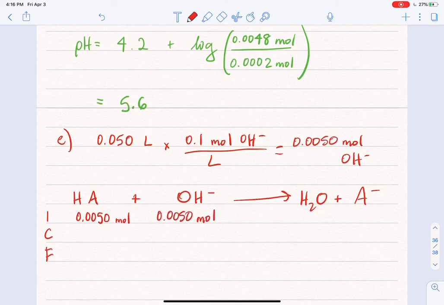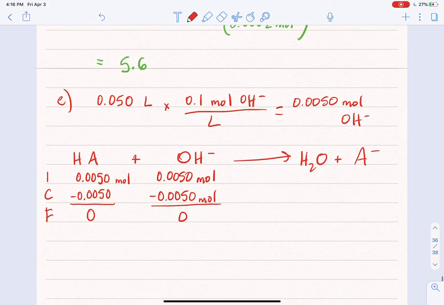So as you can probably tell, this is the equivalence point. I have added just enough hydroxide to wipe out all of the acid. No more than that. Okay, so this is the definition of equivalence point. I've added just enough of the strong base to wipe out all of the weak acid.